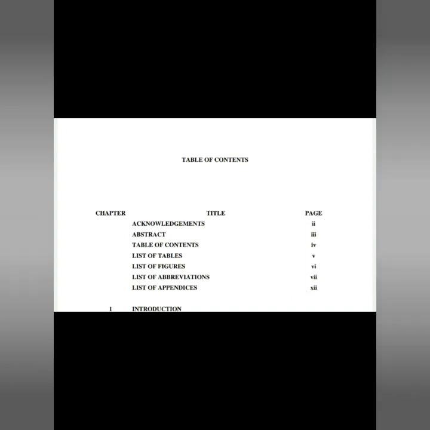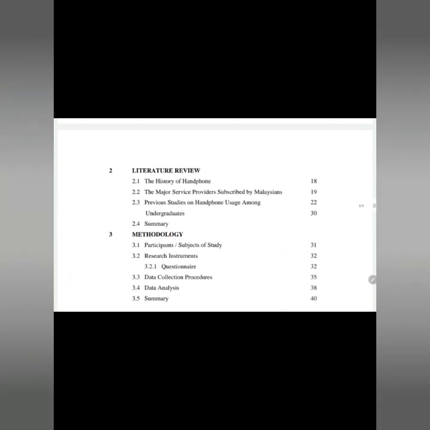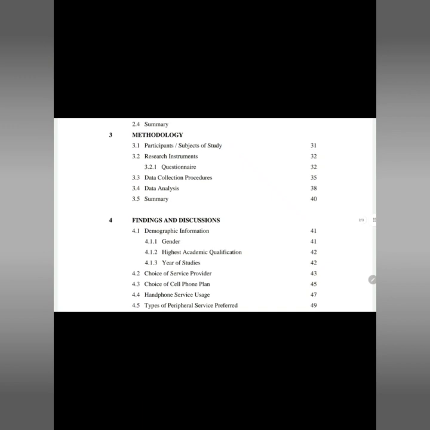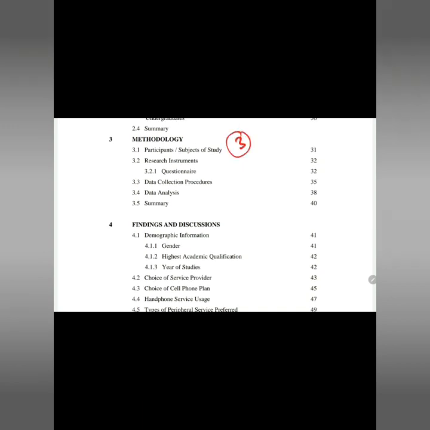Then we will have the chapter. This is chapter 1. These are the contents. And then chapter 2, and then this is chapter 3, and this is chapter 4, and then chapter 5.